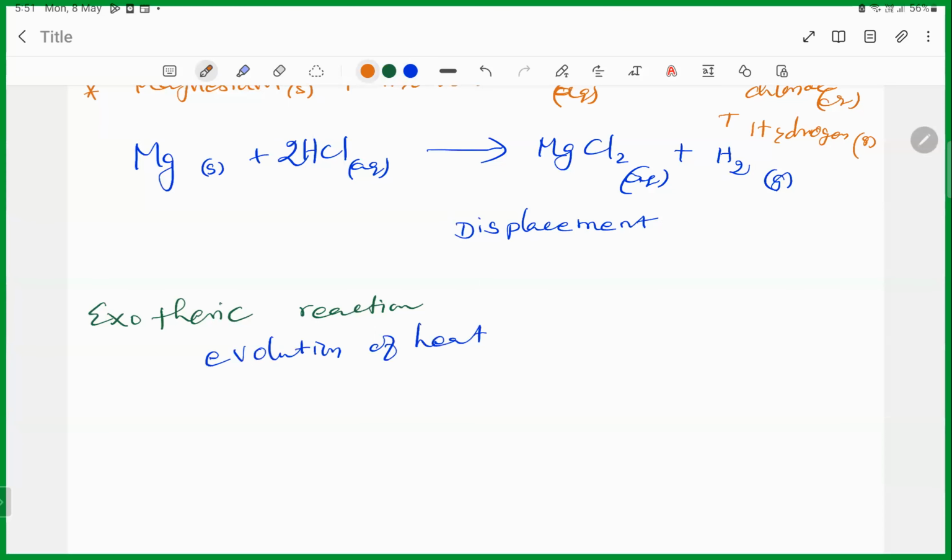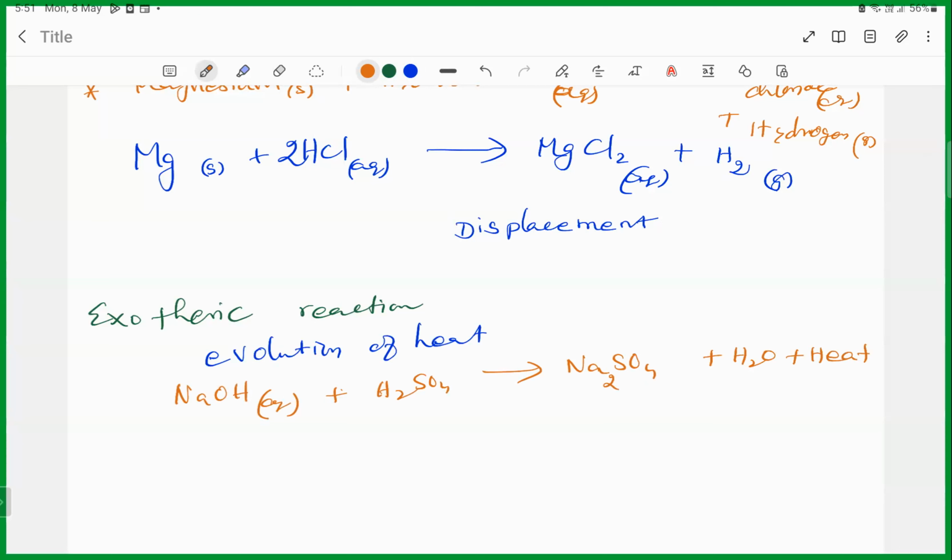For example, sodium hydroxide treated with sulfuric acid gives sodium sulfate plus water plus heat. Any substance, if you are mixing and it gives out heat, that is called exothermic.